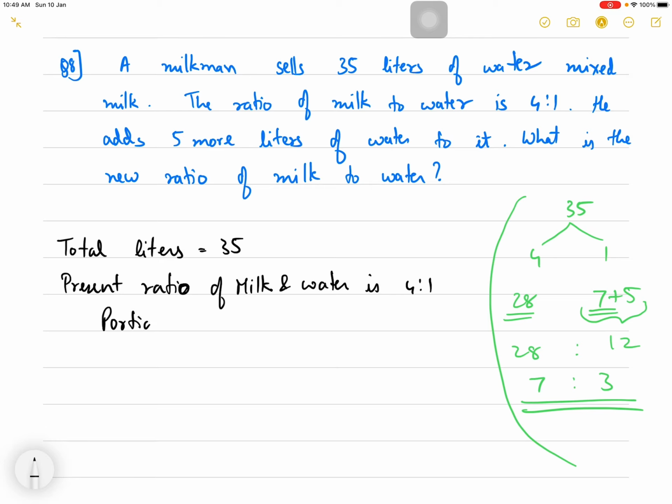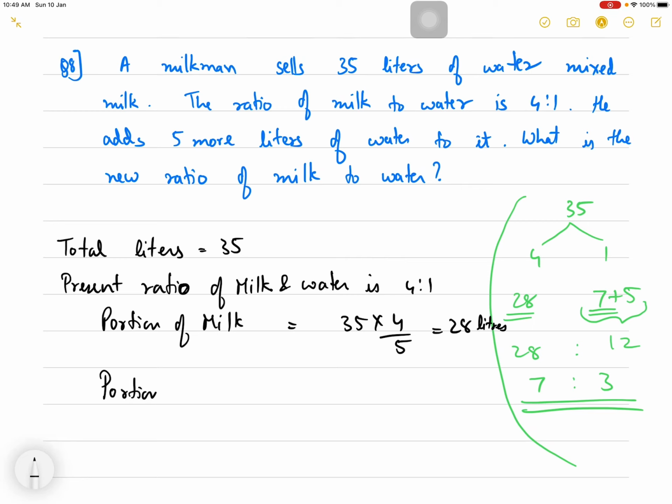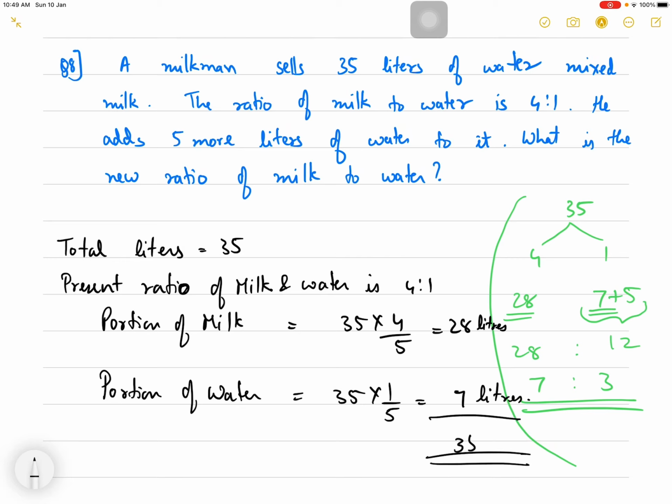Therefore, portion of milk is equal to 35 into 4 by 5, which comes to 28 liters. And then portion of water, 35 into 1 by 5, which is 7 liters, which makes the total 35 liters.